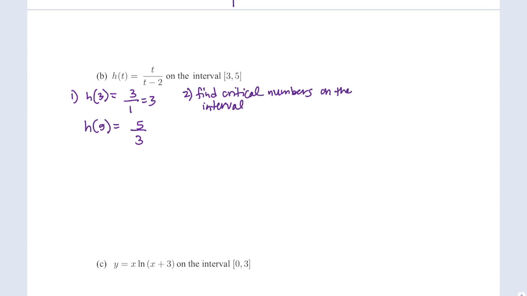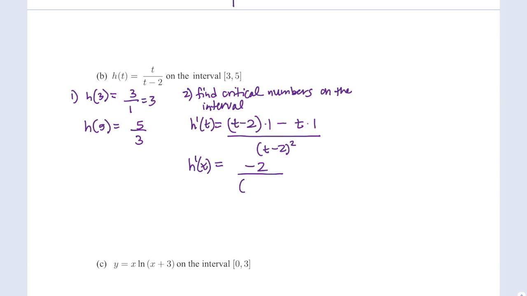If there are critical numbers that are outside this interval, we don't care about them. So h prime of t, we're going to need the quotient rule. So low, not t minus 1, t minus 2 is low. D high is 1, minus high, d low is also 1, divided by low squared. And if we clean that up a little bit, we have the derivative is equal to t minus 2 minus t, so that's just -2, over t minus 2 squared.